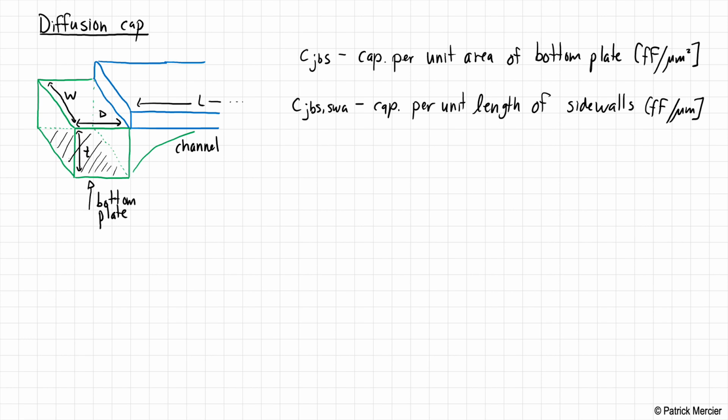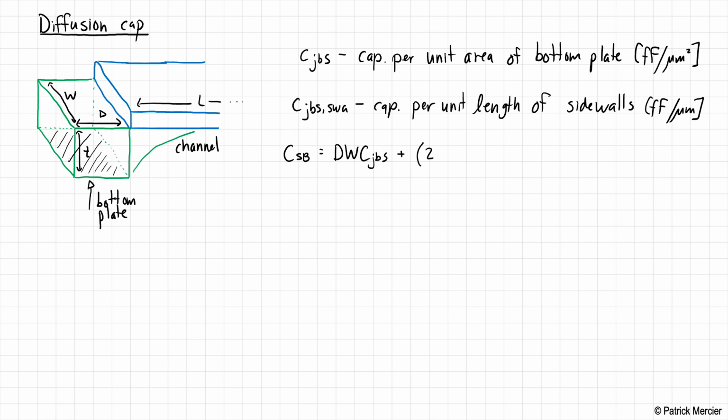Okay, so we can say that in this case CSB is equal to D times W times CJBS. Okay, so CJBS is the capacitance per unit area of the bottom plate. We multiply by the area of the bottom plate, which is D times W. And then we have to add the sidewall capacitance. So we multiply by the perimeter around the sidewall.